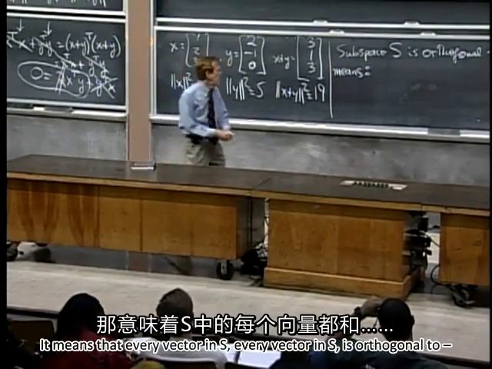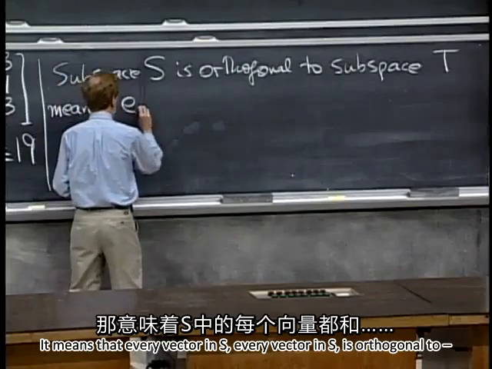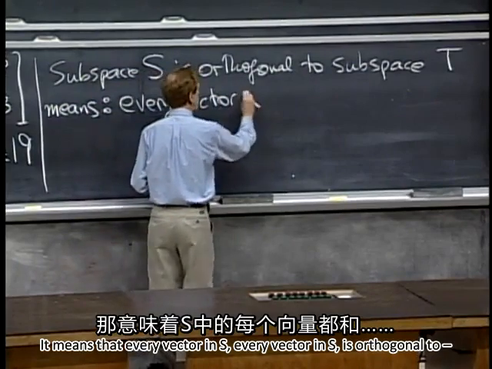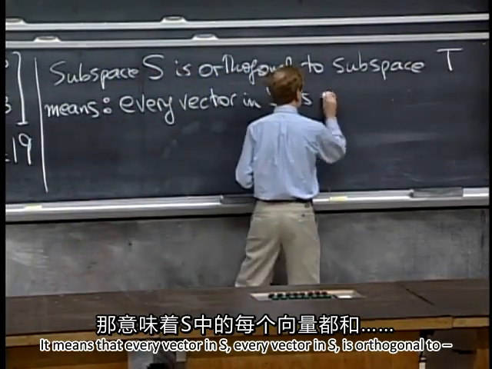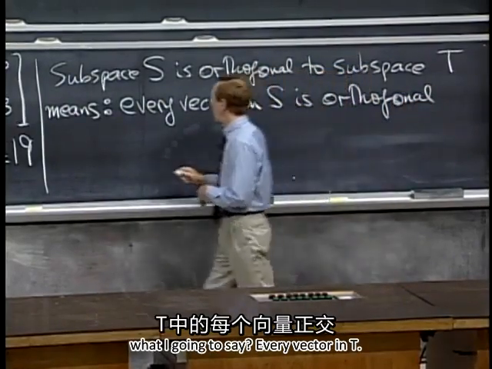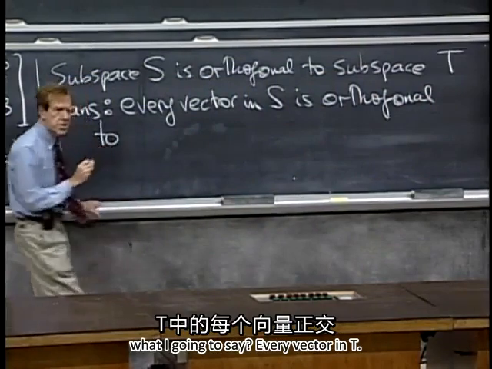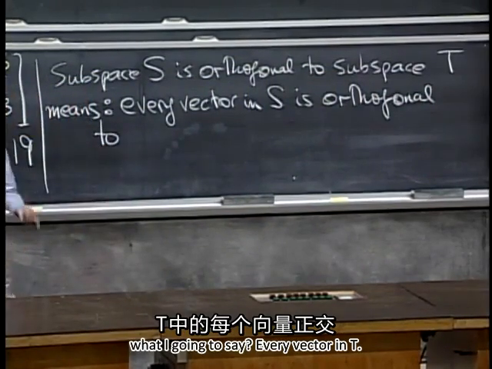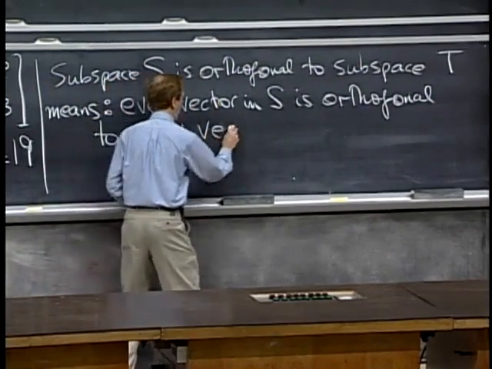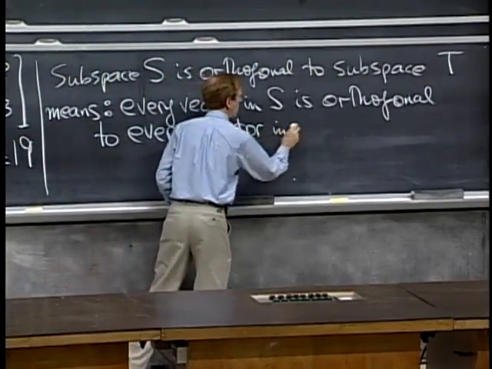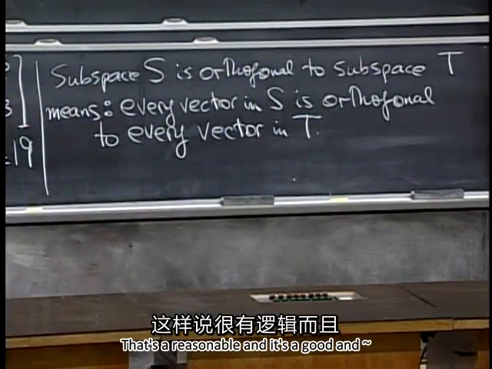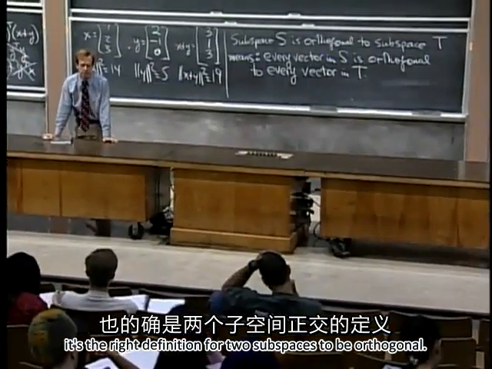It means that every vector in S is orthogonal to, what am I going to say, every vector in T. That's a reasonable, and it's the right definition for two subspaces to be orthogonal.